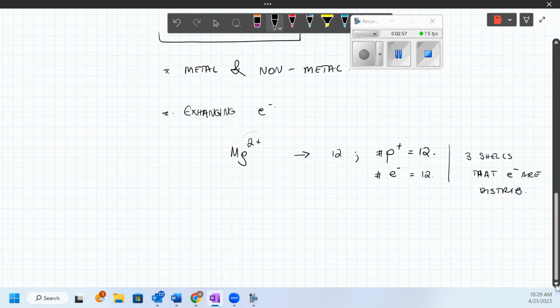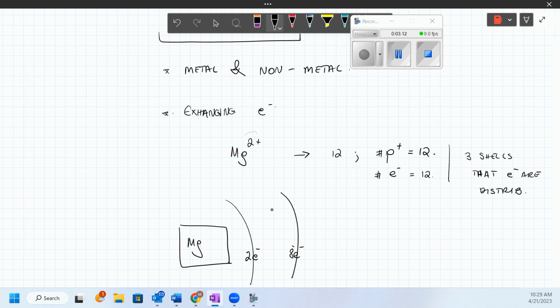The distribution happens like this. With magnesium as the nucleus, on the 1st shell we have 2 electrons, on the 2nd we have 8 electrons, which means 10 in total. And then on the 3rd we have 2 electrons.